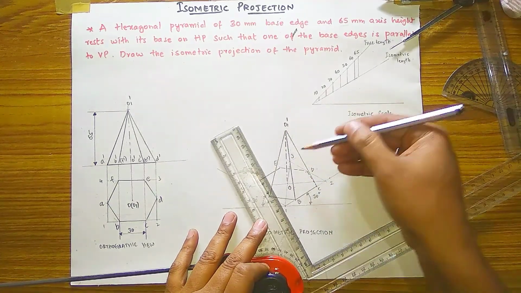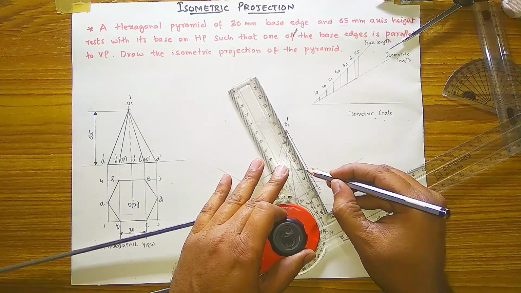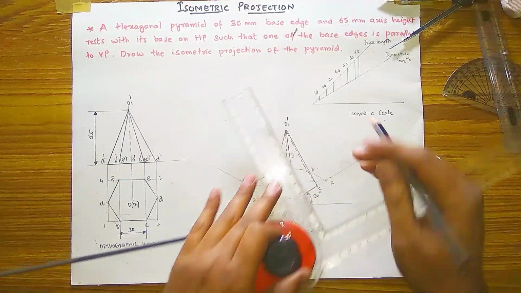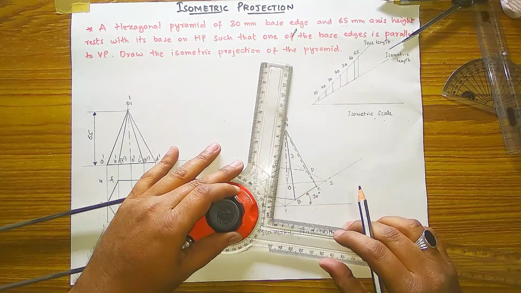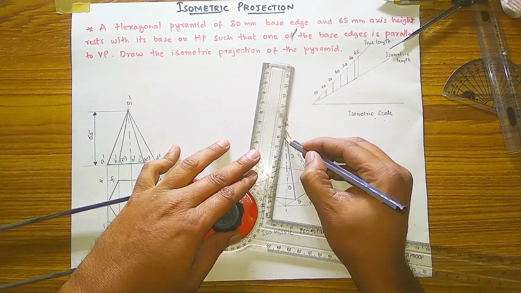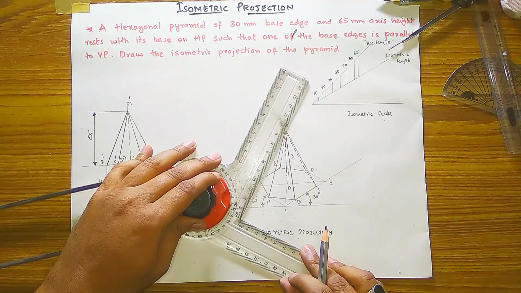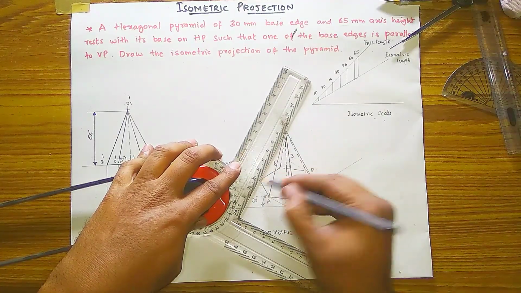Then DO is backside, it is not visible, so you have to do it dot dot line like this. And EO is backside, so it is not visible, you have to do it dot dot for this also. And FO is visible, F to O, so draw it dark.